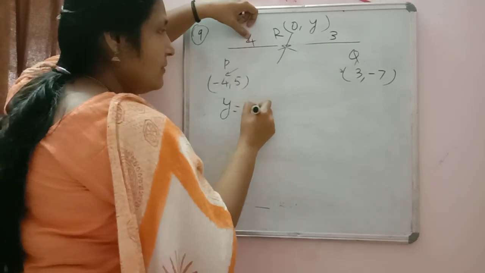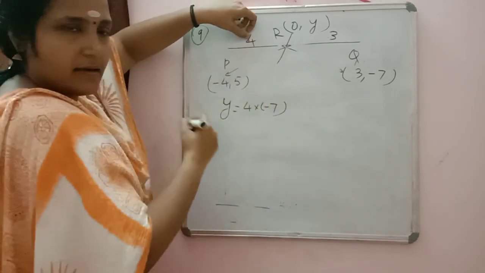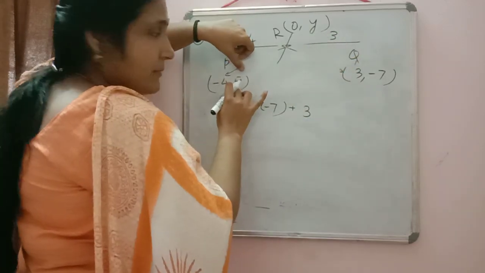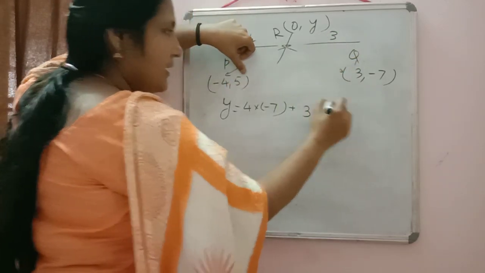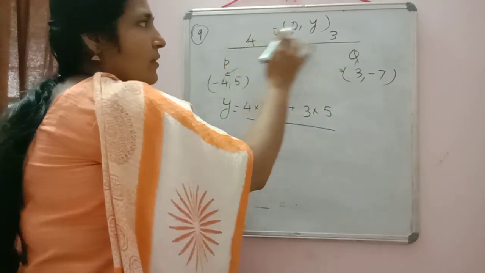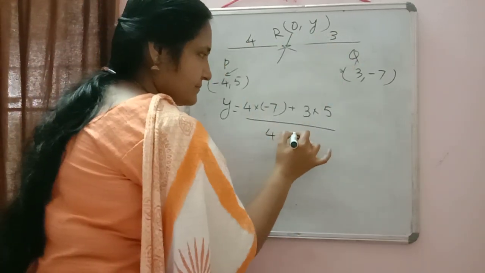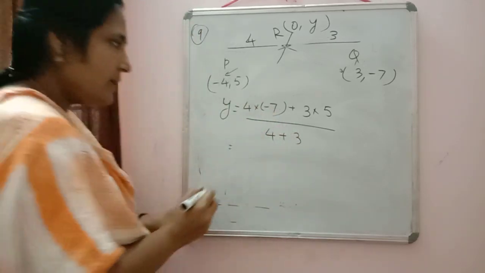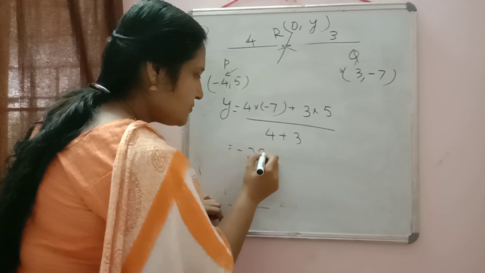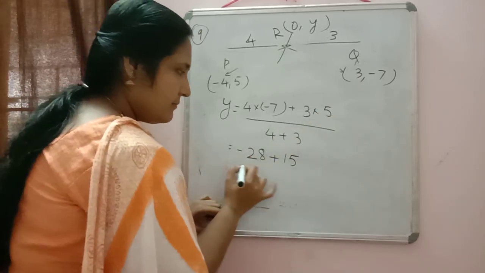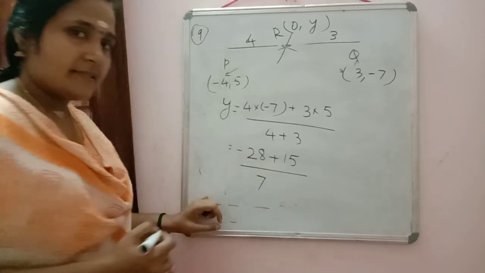So 4 into minus 7 plus 3 into y coordinate, because we are calculating the y coordinate, 3 into 5, by 4 plus 3. 4 into minus 7 will be equal to minus 28, plus 3 fives are 15, by 4 plus 3, 7.